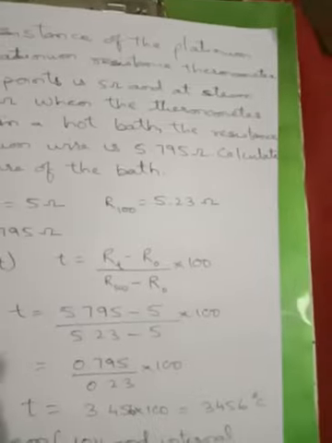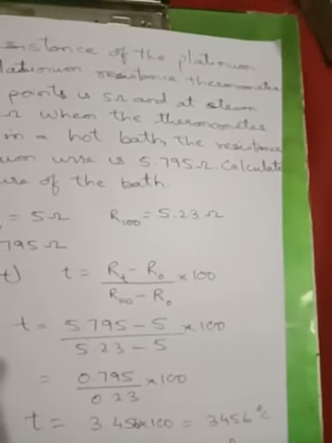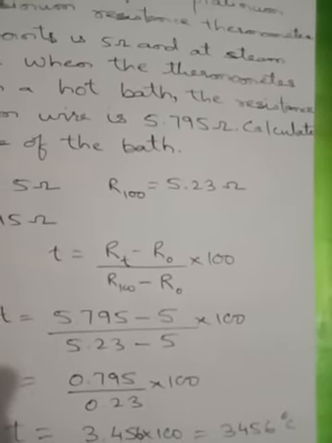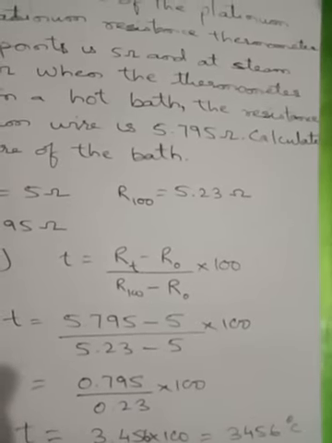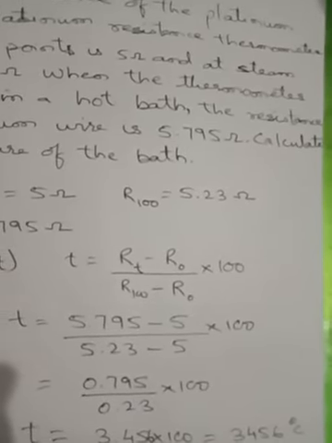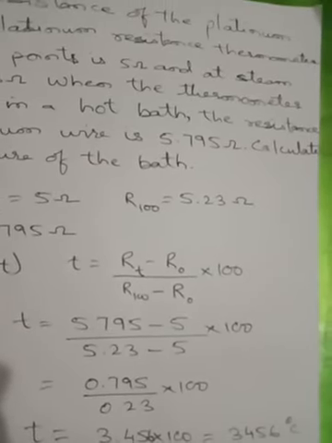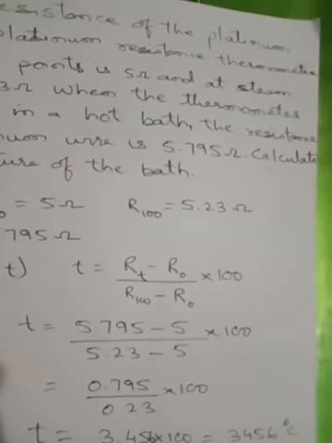We know the formula. T is equal to Rt minus R0 divided by R100 minus R0, into 100. This is the formula.